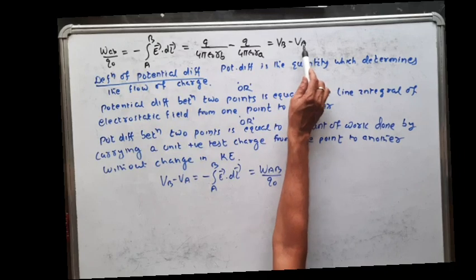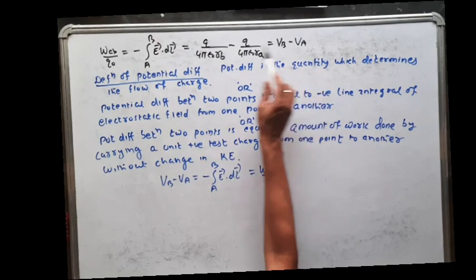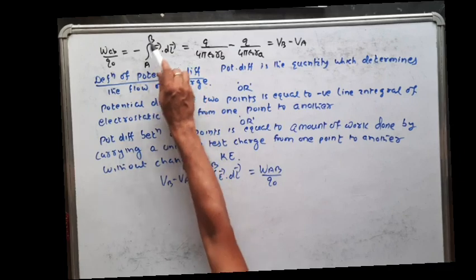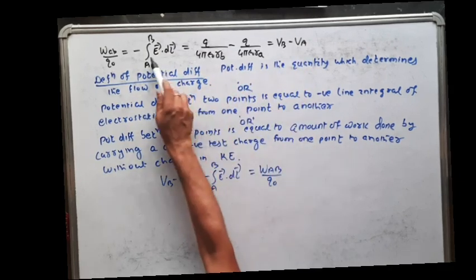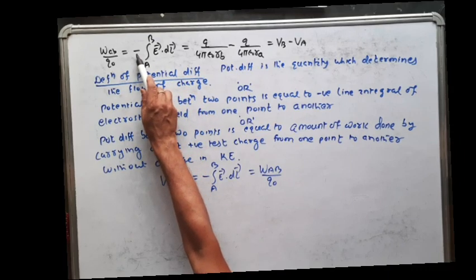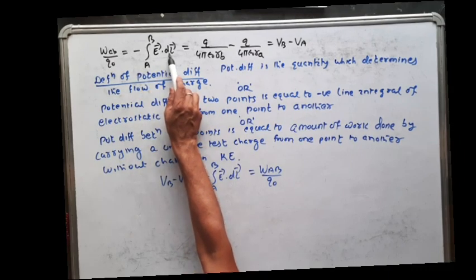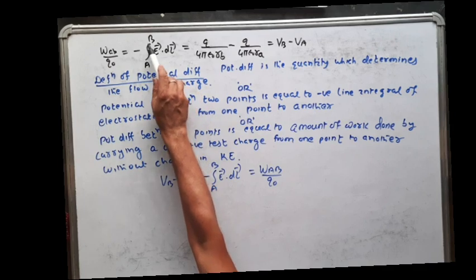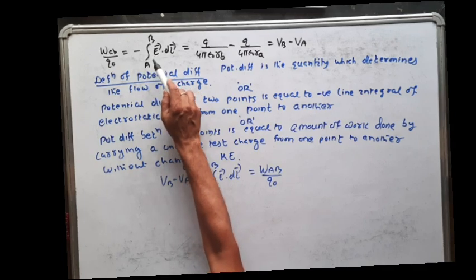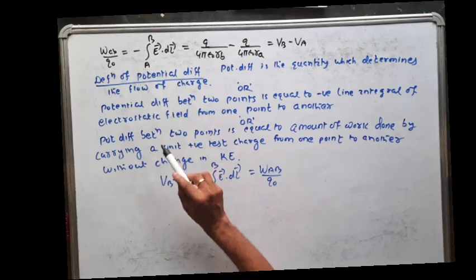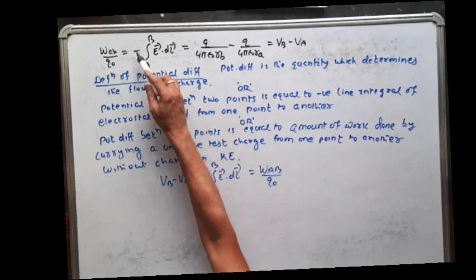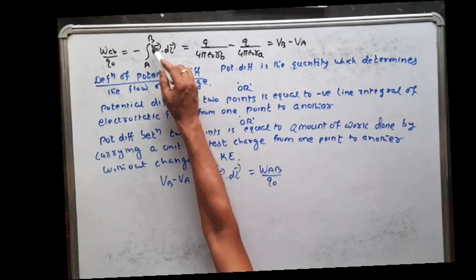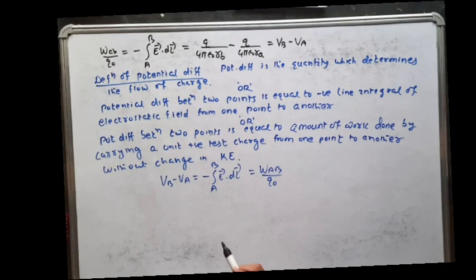VB minus VA, the potential difference between B and A, is equal to this formula: negative line integral of E dot dl, the line integral of electric field from one point to another. So that is the second definition.